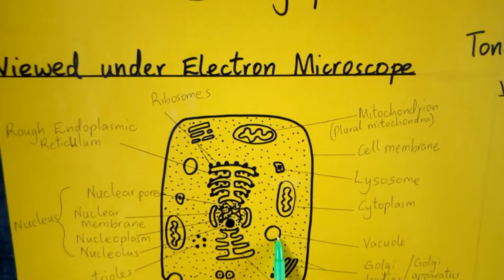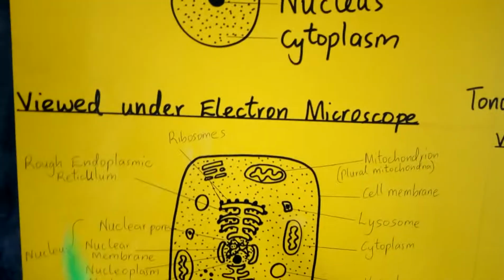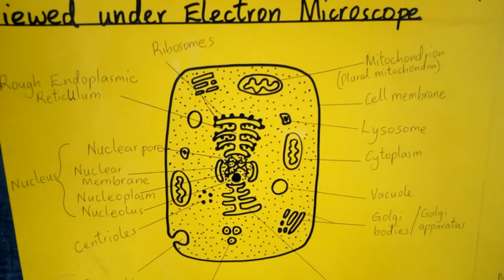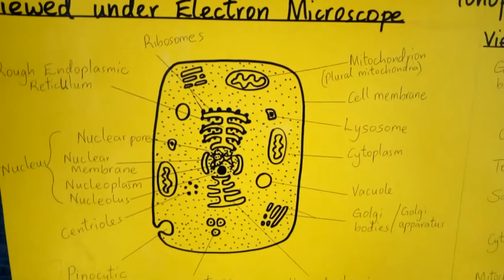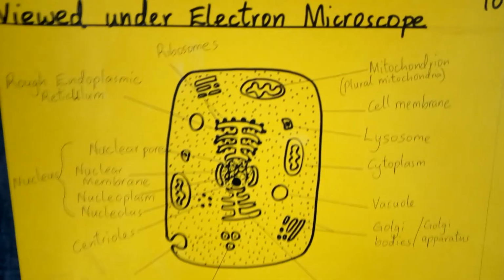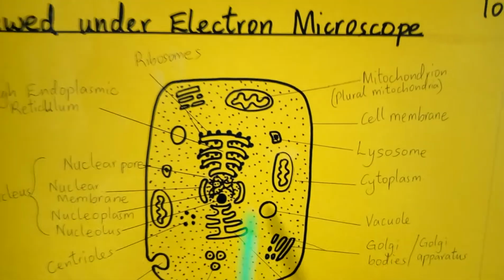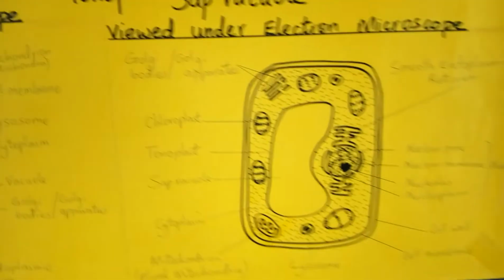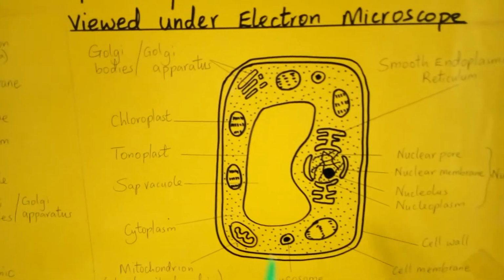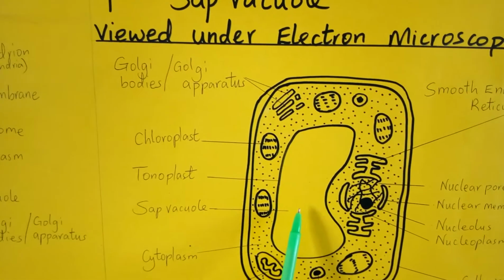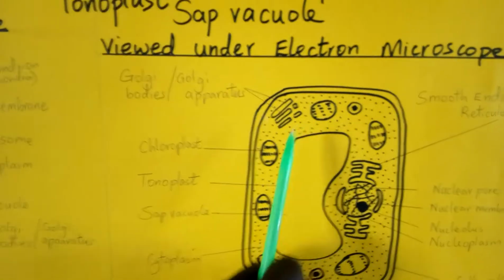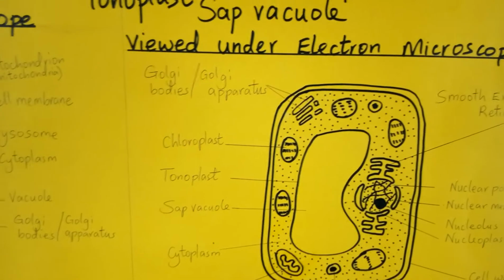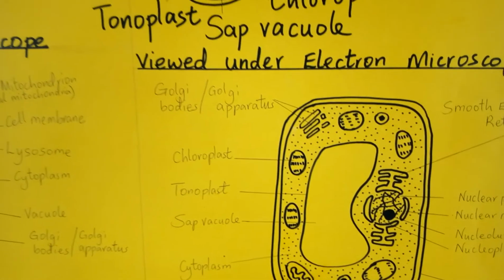So this is what we ought to say: the vacuole is always absent in animal cell, but if present, it is small and scattered within the cytoplasm. While for the plant cell, the vacuole is large and centrally located. That is number 3. Let us look at the fourth difference.